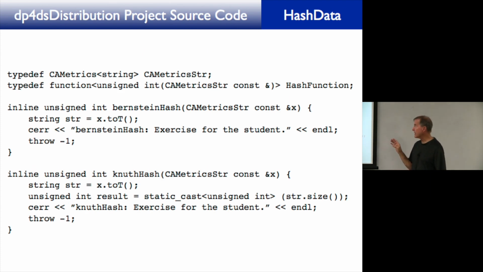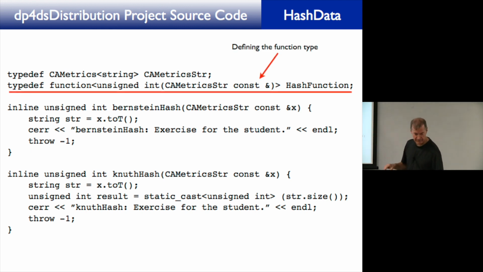This next slide from the hash data project sets up the two hash functions, the Bernstein hash and the Knuth hash. Take a look at this code. It's quite interesting. You see the second line says typedef function unsigned int, C-style string constant reference, hash function.